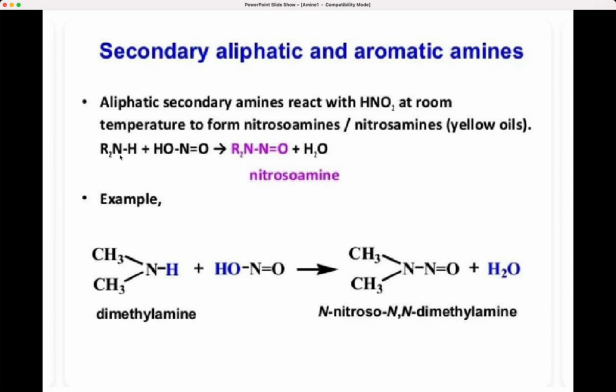So, R2N, then again a single bond to NO, and the H2O part you have to remove, and that is another product. Here we have one example, dimethylamine, 2 CH3 groups, H, then OH NO. In the same reaction, what product do we get? CH3N, just remove that violet H2O, that is all. The product is N-nitrosodimethylamine.